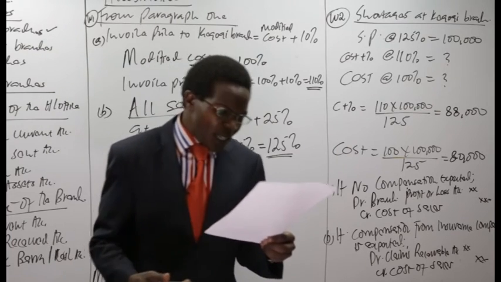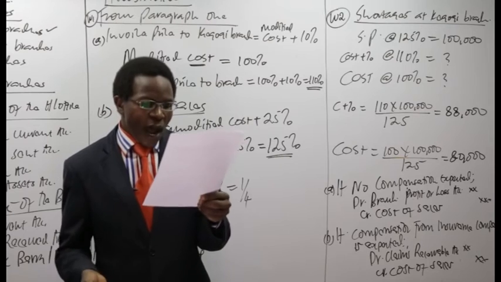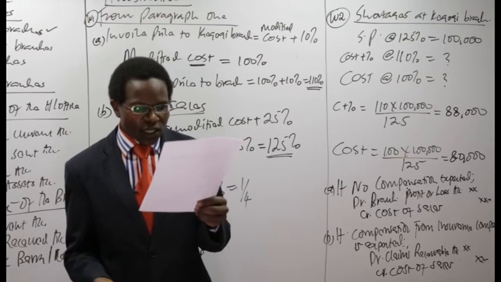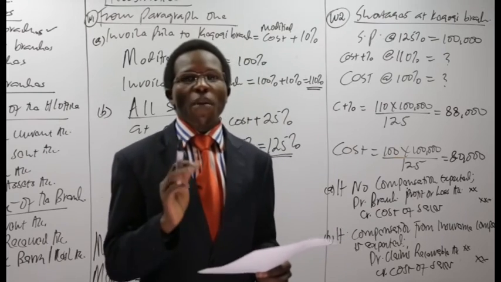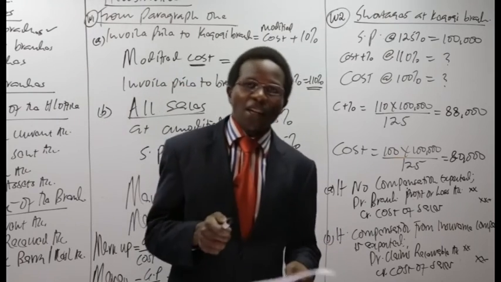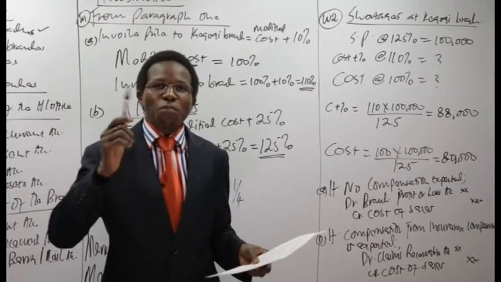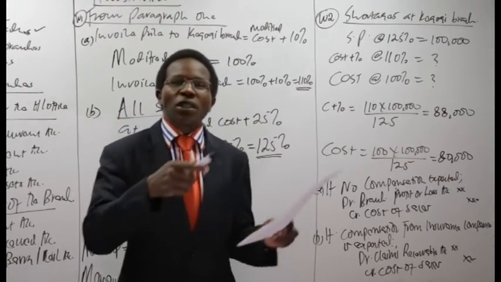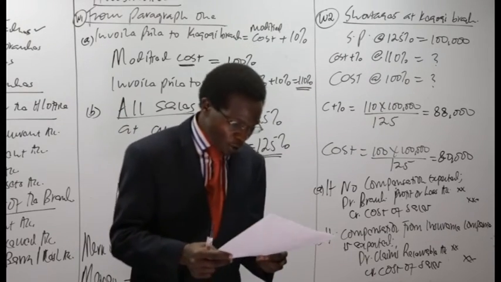Now, in number 3, we have been told unmodified goods costing 500,000 were at Nairobi branch as of 30 June 2015. So there are some goods which have not been modified. Remember, friends, we cannot sell or send goods if they have not been modified. We must modify them before we send them to the branch or before we sell them to outsiders.